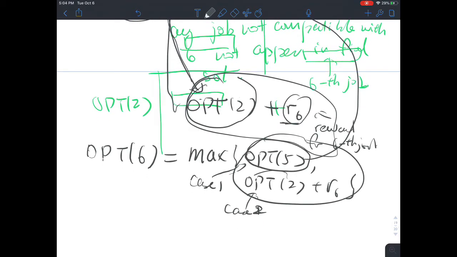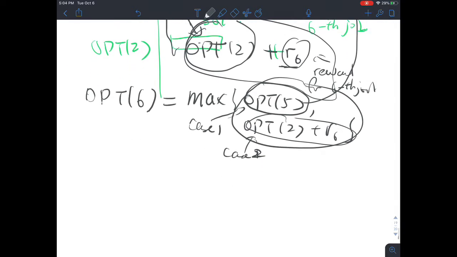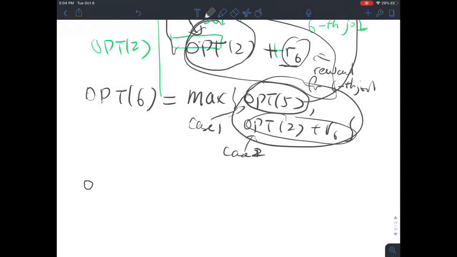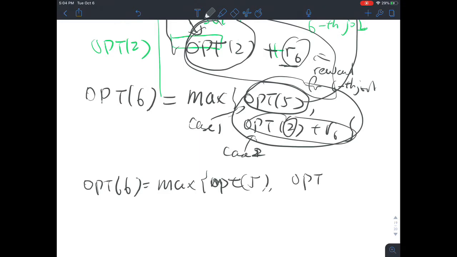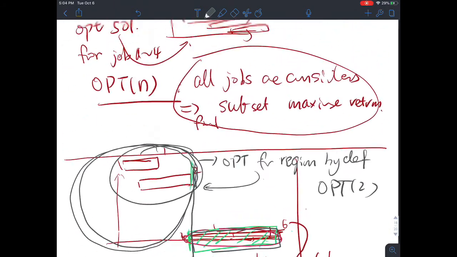You just compute each of them and see which one gives you a better reward. So let me write that more clearly: optimum 6 equals max of optimum 5 and optimum P of 6, plus R6. What is P of 6?